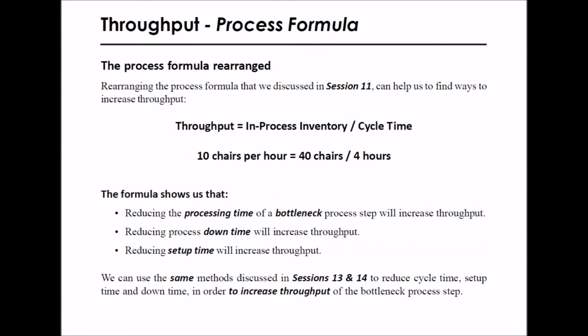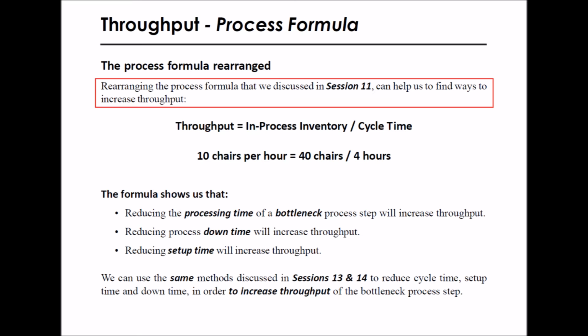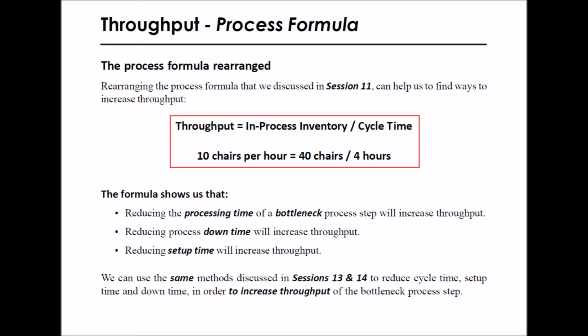Now that we know how to locate a bottleneck process step, how can we increase the throughput of a bottleneck? Rearranging the process formula that we discussed in session 11 can help us to find ways to increase throughput. The new formula states that throughput equals in-process inventory divided by cycle time.